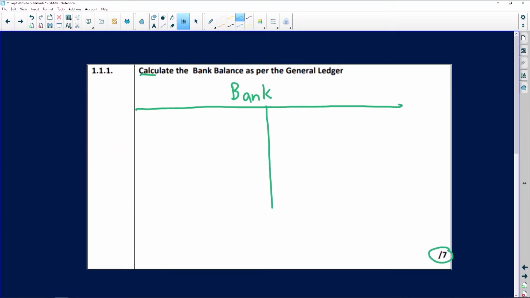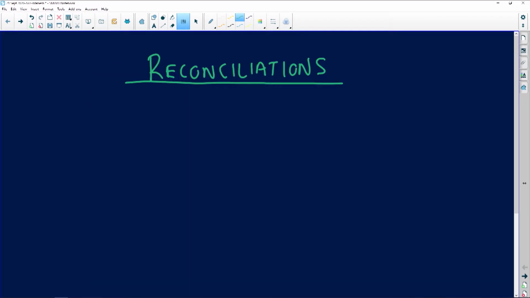Now, before we begin with this question, let's just quickly recap on Bank Recon. Okay, so remember, what is a reconciliation? A reconciliation is simply a comparison between 2 sets of documents.